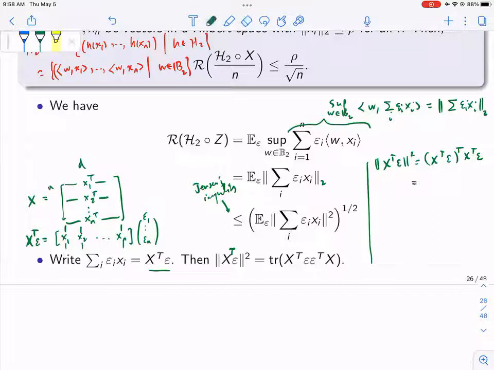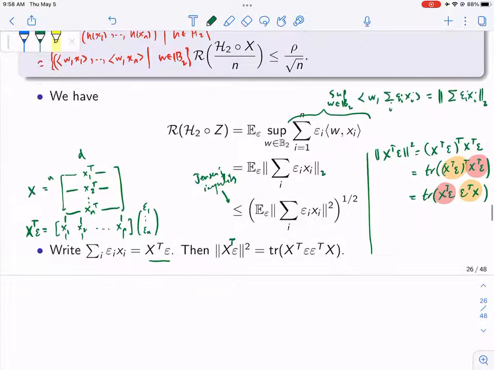This is equal to the trace. Why is this equal to the trace? Yeah, this is a scalar, so it's the same as the trace, and now I can just circularly shift. I'm going to move this to the front and keep the other one to the back, which is epsilon transpose X. With the transpose applied as well, X transpose epsilon transpose gives you epsilon transpose X. And so this is that.